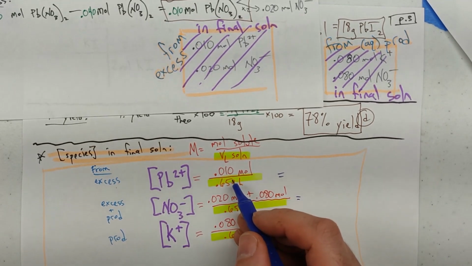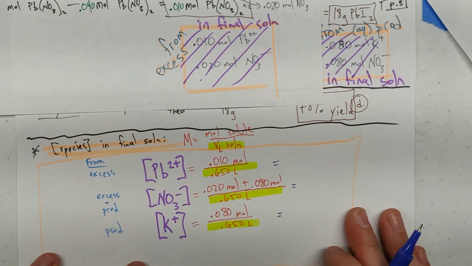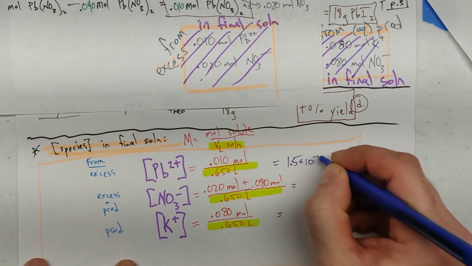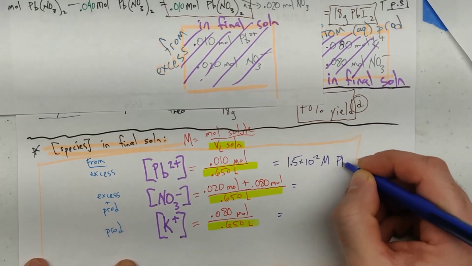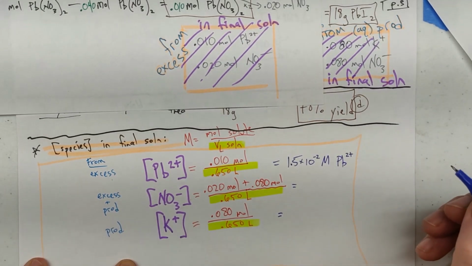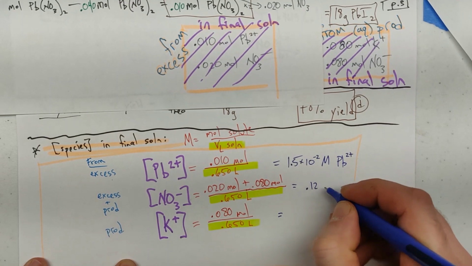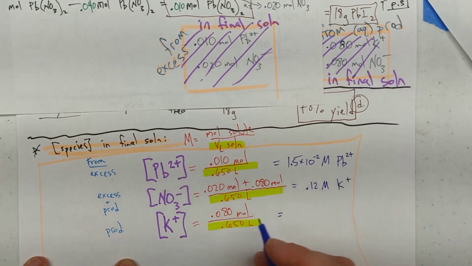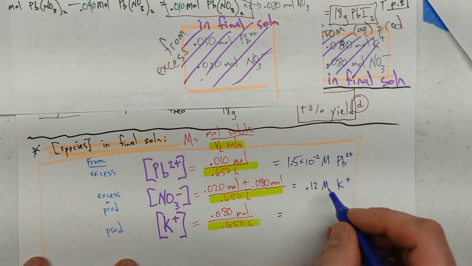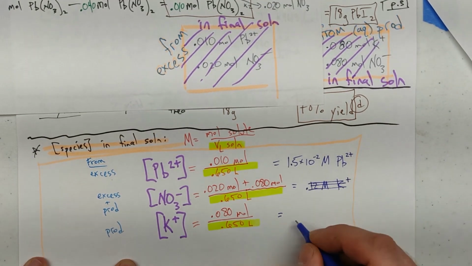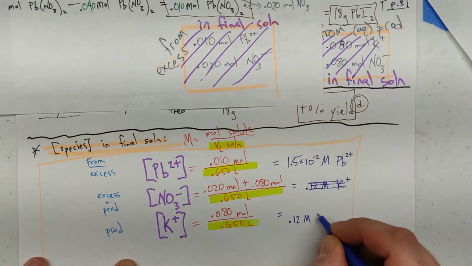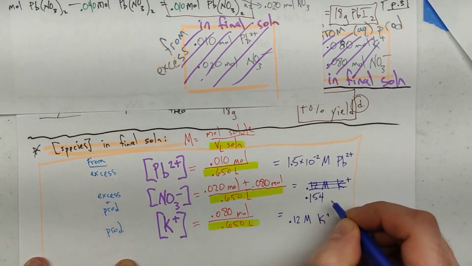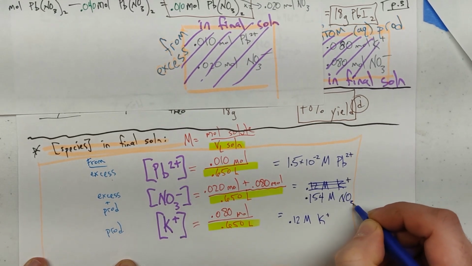0.1 over 0.650 is going to end up 1.5 times 10 to the minus 2 molar lead ions. For our nitrate, we end up with 0.12 molar potassium ions. And for our potassium, oops, I wrote that backwards. 0.12 molar potassium ions and 0.154 molar nitrate ions.